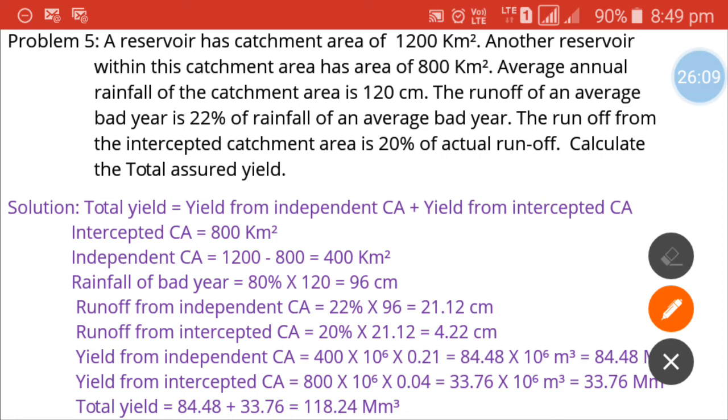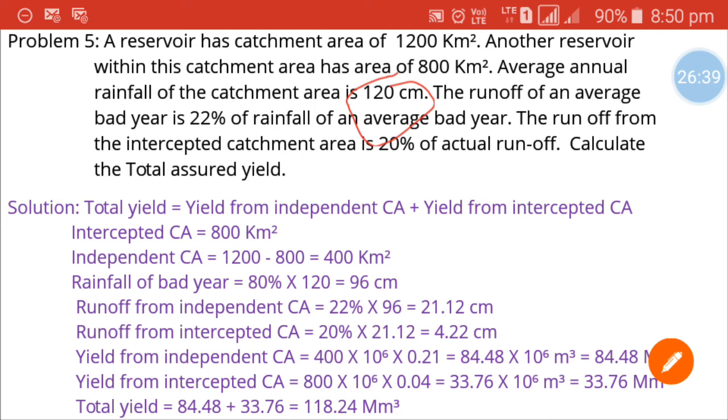Now here one term is used, that is the rainfall of the bad year. This is a new term. So what is this? A bad year is one in which the rainfall is less than 80% of the average annual rainfall. So whatever value of the average annual rainfall is given in the problem, that is 120 centimeters, we cannot take it directly.